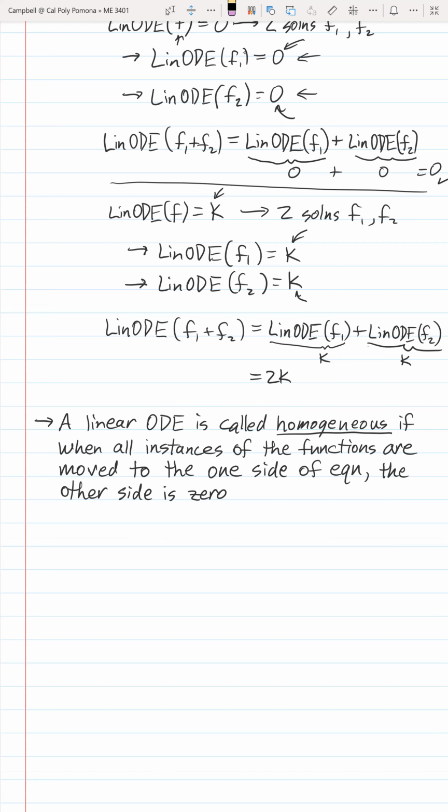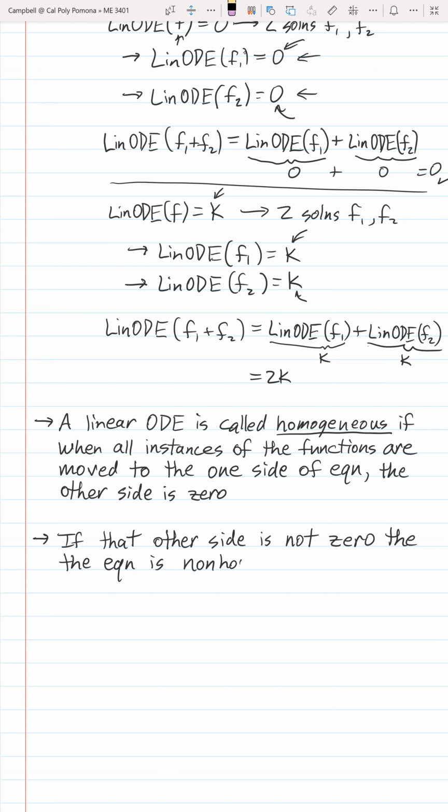And so then we will call it a homogeneous differential equation. On the other hand, of course, if that other side is not zero, then the equation is non-homogeneous.